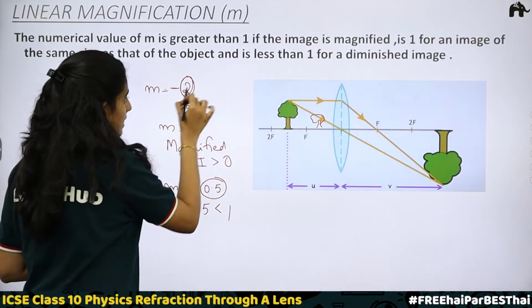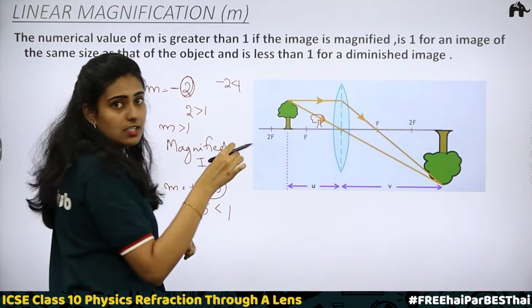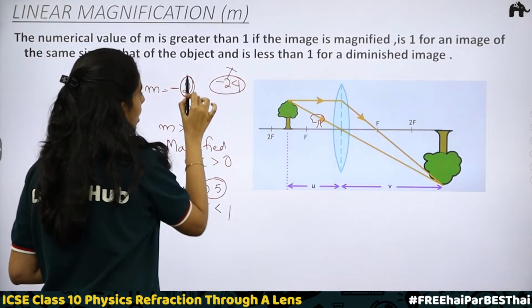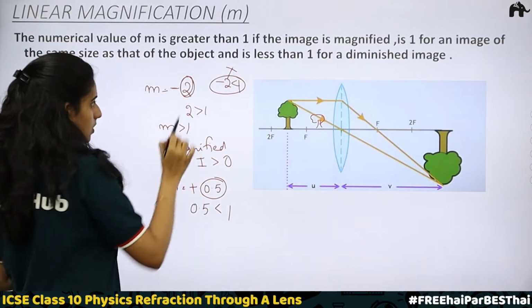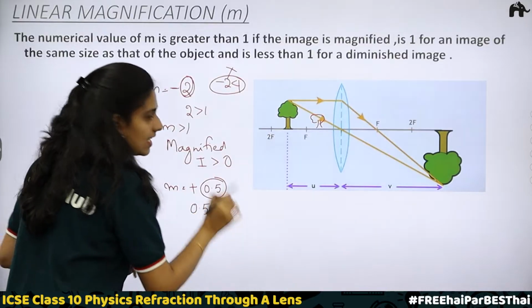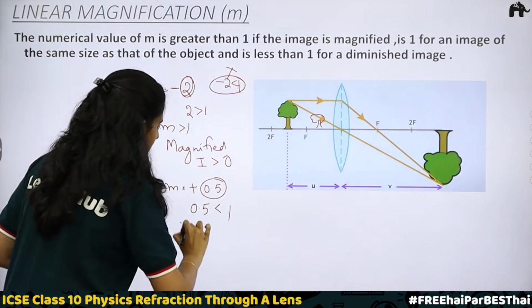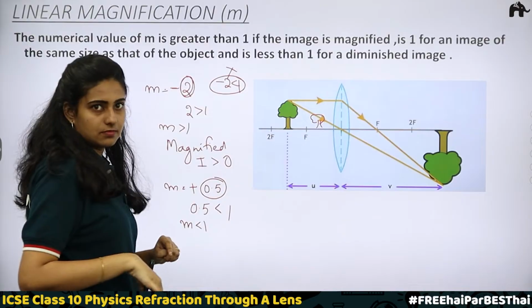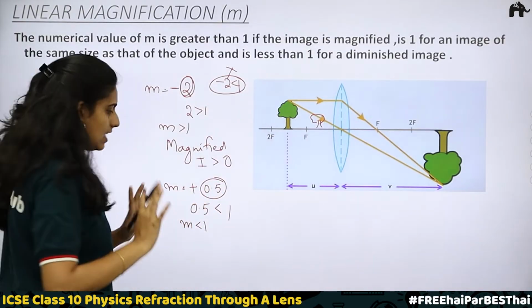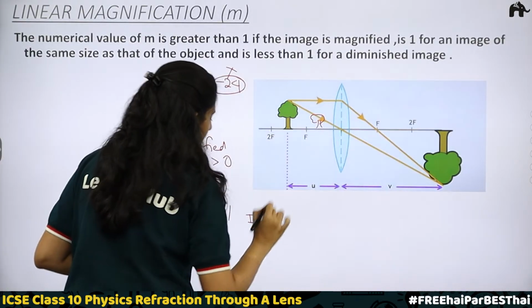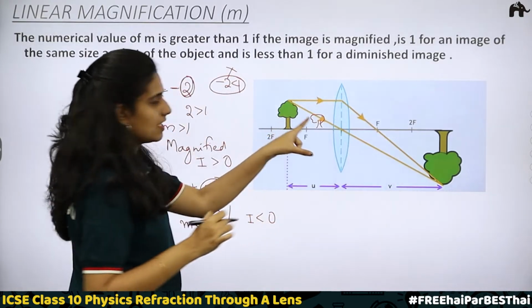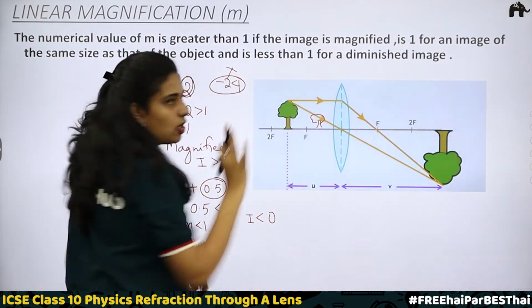Don't take this as -2 and say -2 is less than 1. Don't consider it in this way. This is wrong. You have to consider only the magnitude. 0.5 is less than 1, which means the magnification is less than 1. Here, the image height will be less than the object height.